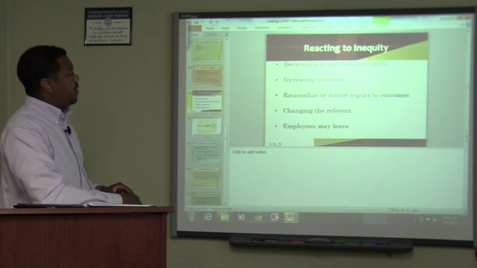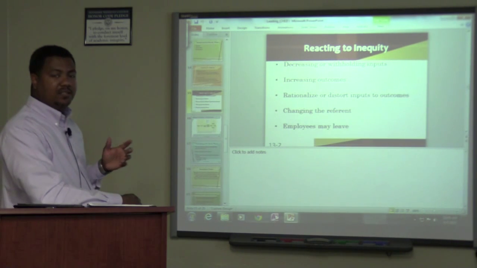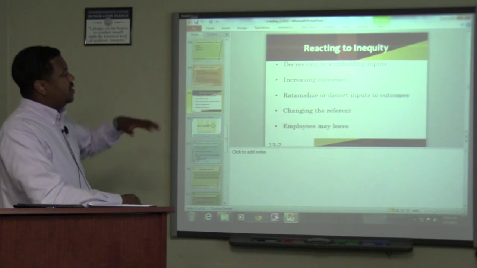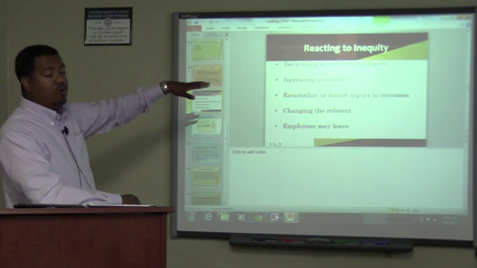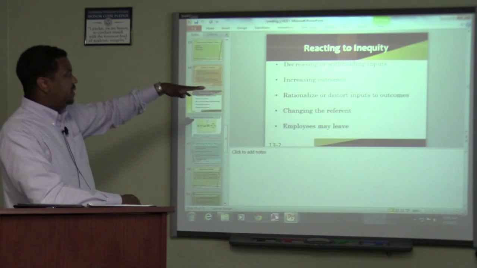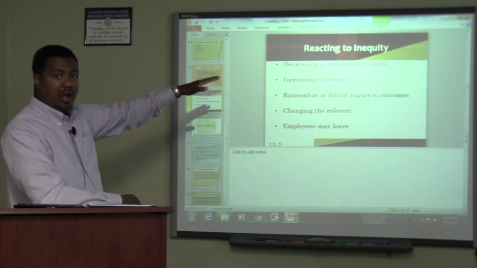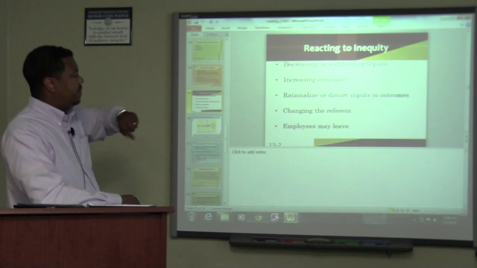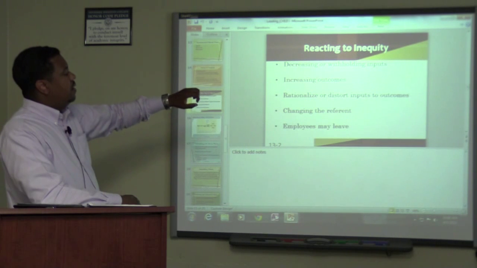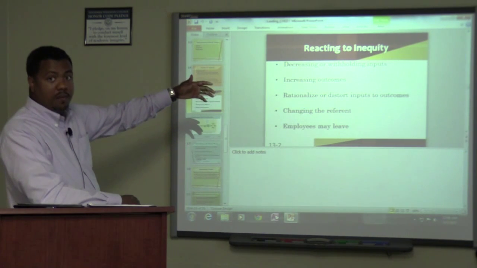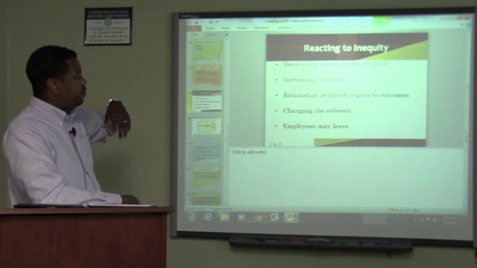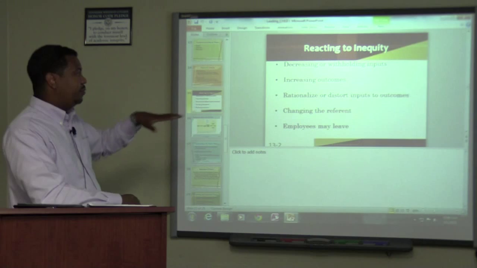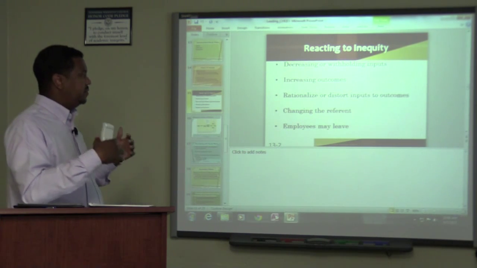Let's look at how individuals can change their overall motivation based upon the concept of equity theory. They can begin to decrease or withhold their inputs, not working as hard as necessary, not putting forth the long hours necessary in order to be successful. They can also increase certain types of outcomes, trying to make sure the organization can provide a little bit more compensation. We see rationalization or distortion of inputs to outputs when individuals are changing the type of effort they're putting in.